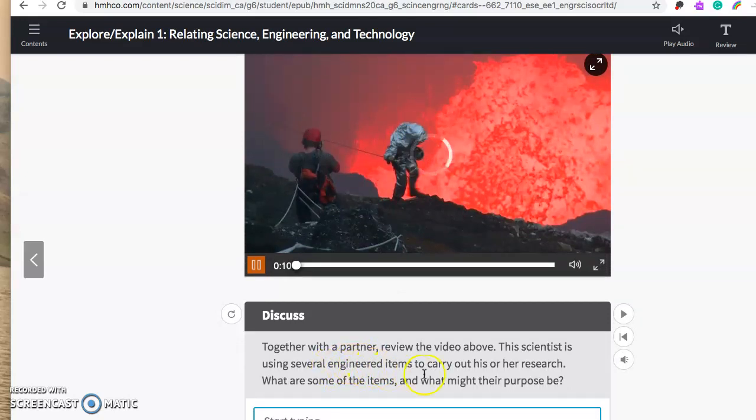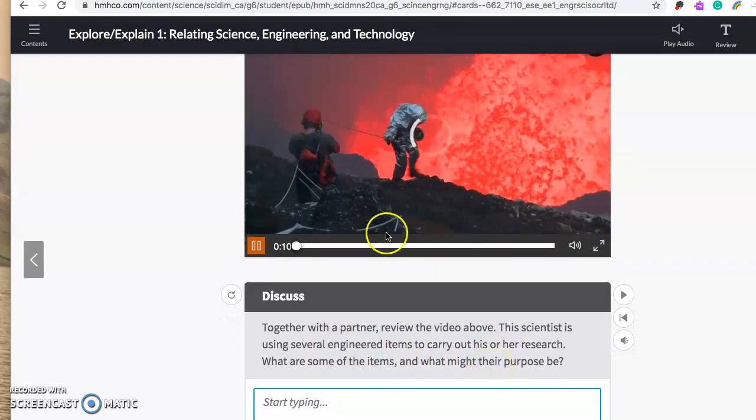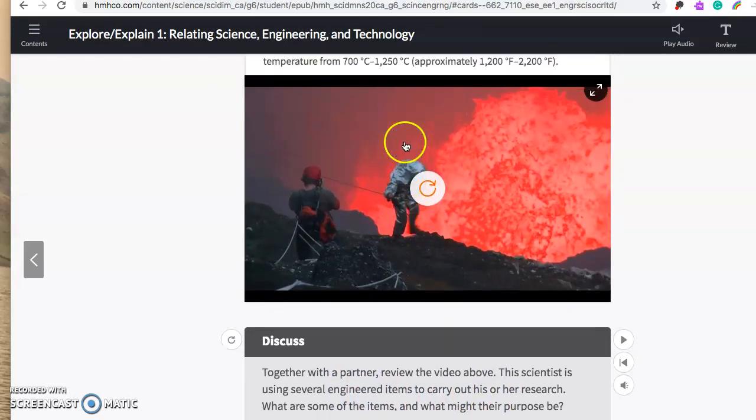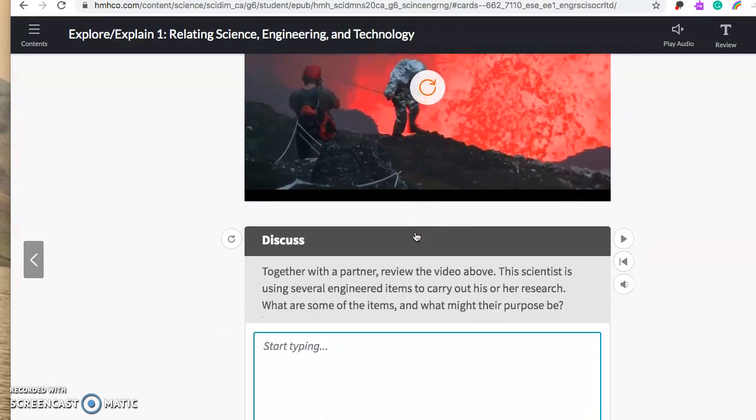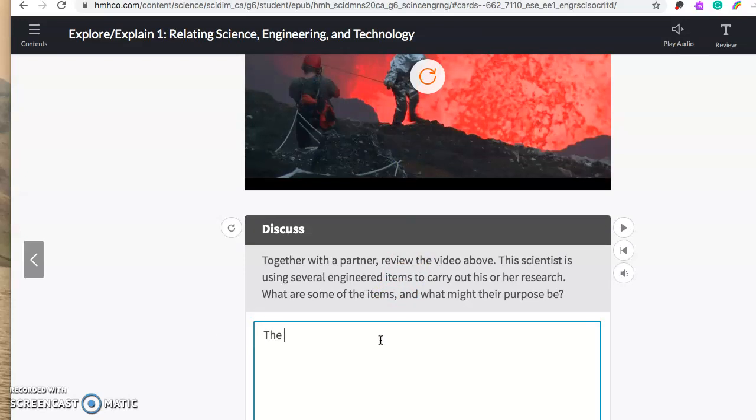Scientists use several engineered items to carry out their research. What are some of the items? We can actually see the items before the video even starts. So even without the video, we can see that he's wearing a suit and that he has a cable to protect him. So the person is wearing a suit that won't catch fire to protect them.